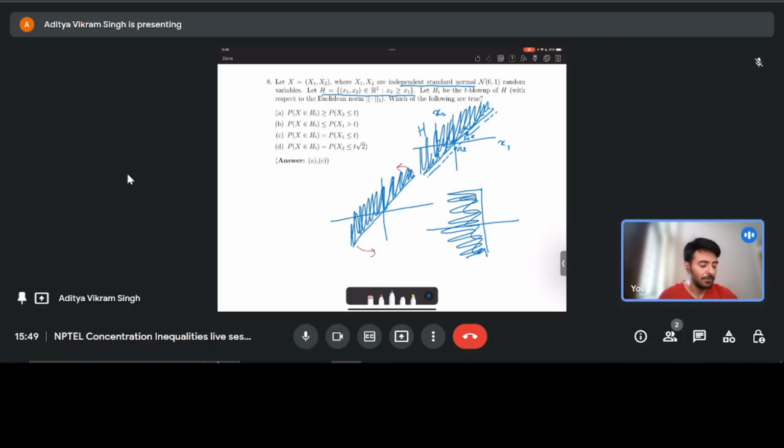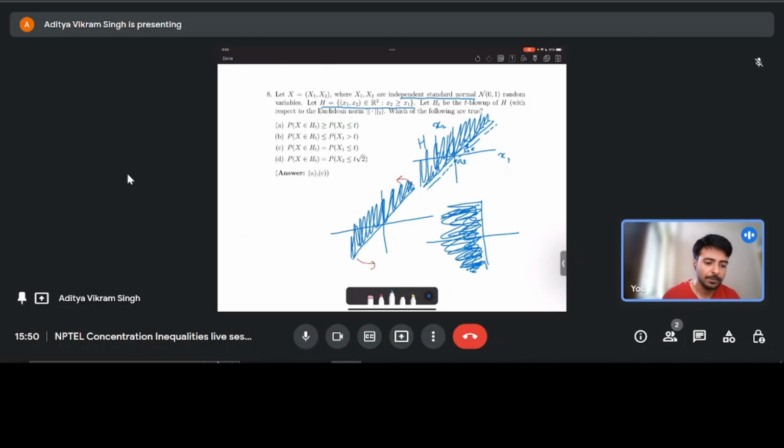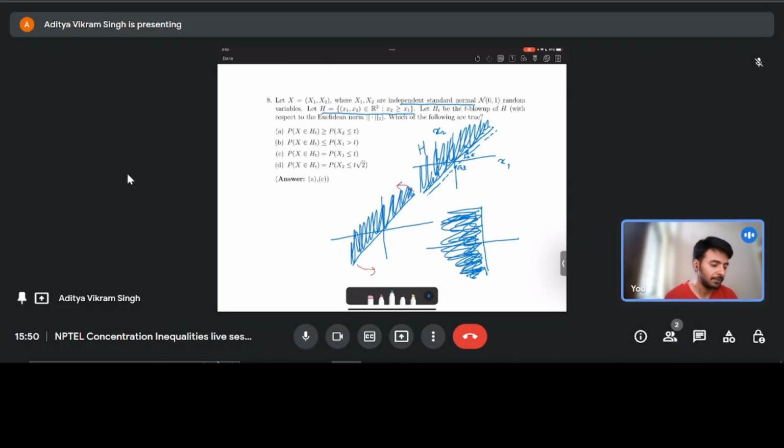And the probability of both regions is the same. It's half, basically. You can formally prove it using change of variables, but this is an important property of the standard normal, that it's rotationally invariant.